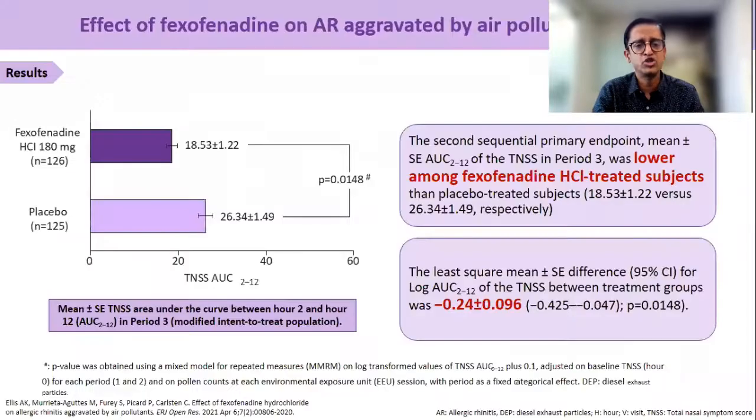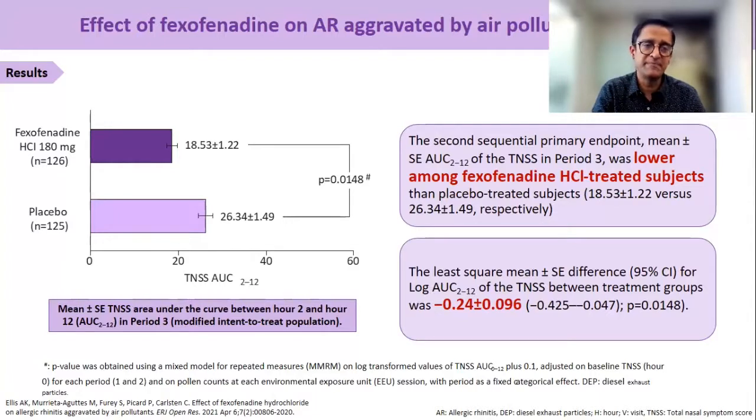I finish off showing you a bit more of evidence. This was a great study looking at the effect of fexofenadine on allergic rhinitis aggravated by air pollution. And it again looks at the nasal symptom score, the TNSS, and they found uniformly that the TNSS was lower, so better among fexofenadine treated subjects as compared to placebo treated subjects.